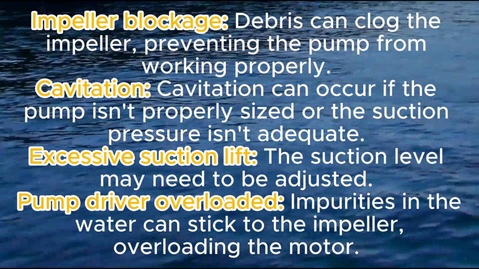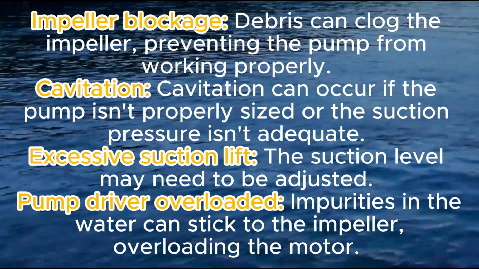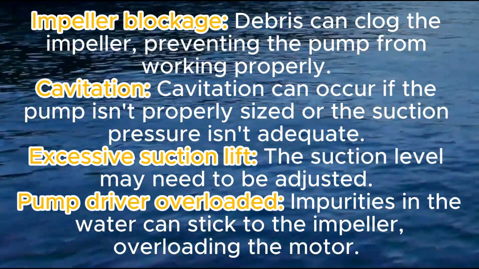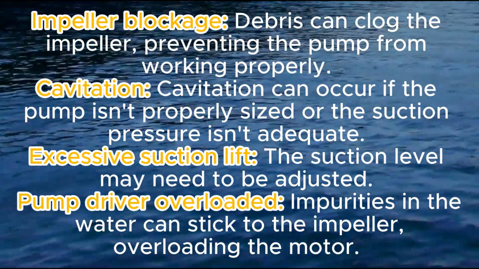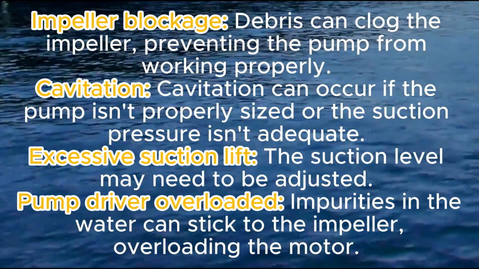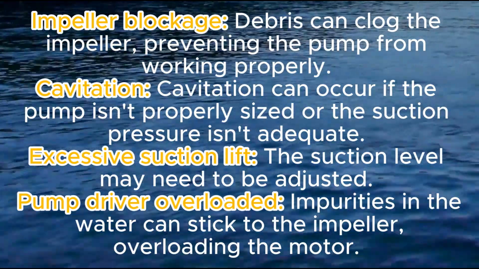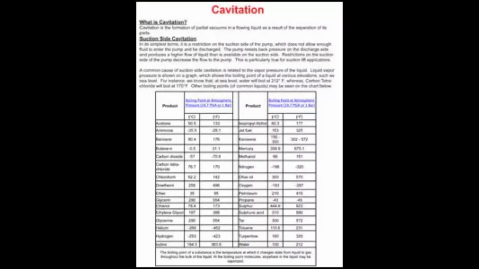Impeller blockage. Debris can clog the impeller, preventing the pump from working properly. Cavitation. Cavitation can occur if the pump isn't properly sized or the suction pressure isn't adequate. Excessive suction lift. The suction level may need to be adjusted. Pump driver overloaded. Impurities in the water can stick to the impeller, overloading the motor.